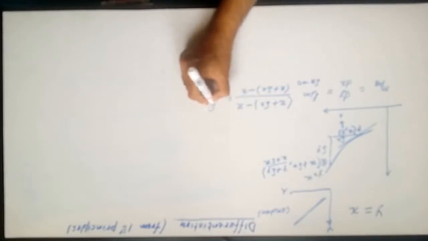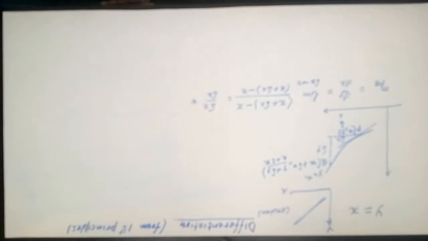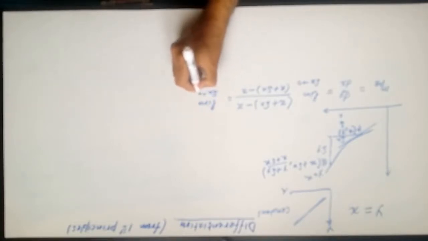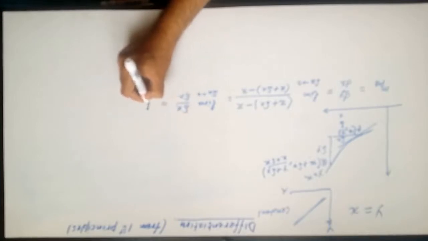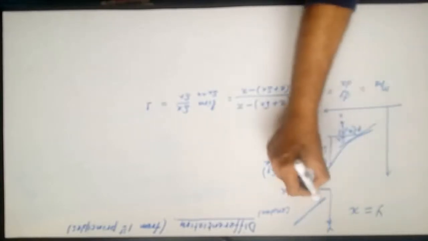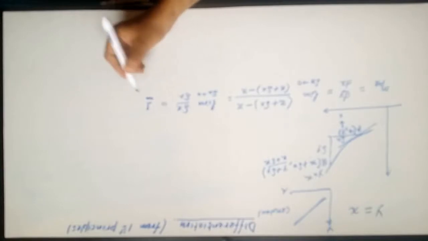So we are getting delta x by delta x, which is a constant, and which is equal to 1.